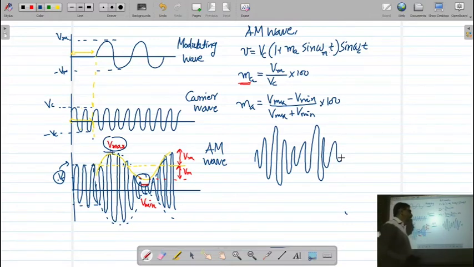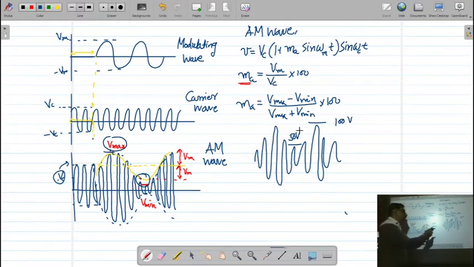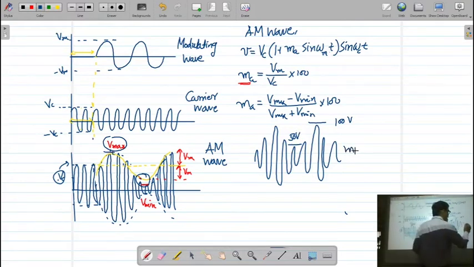And when I look at the oscilloscope, I measure this voltage is 100 volt. That is the maximum. And this voltage is 50 volt. Then what is the modulation index for this kind of waveform?